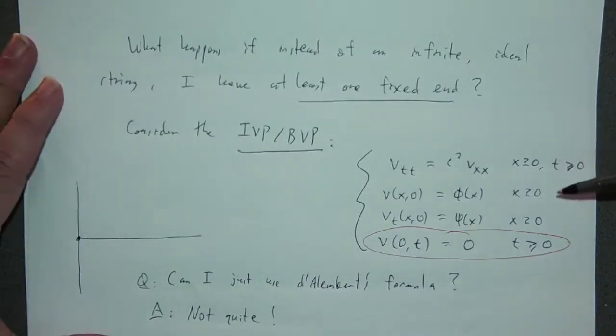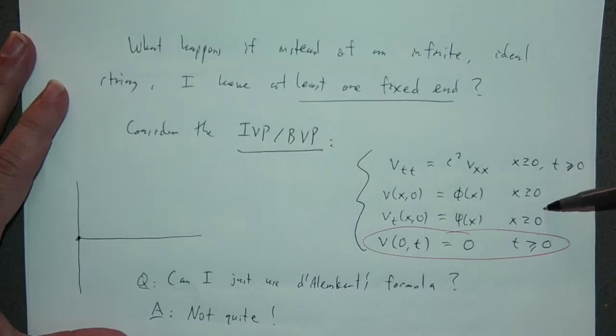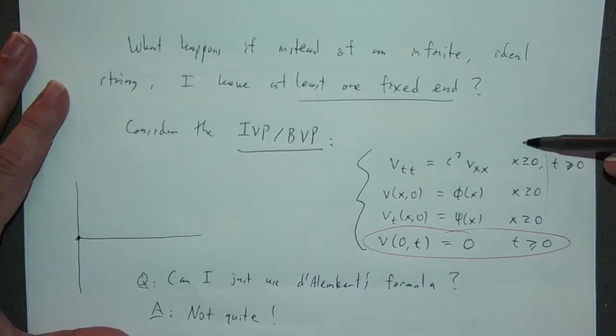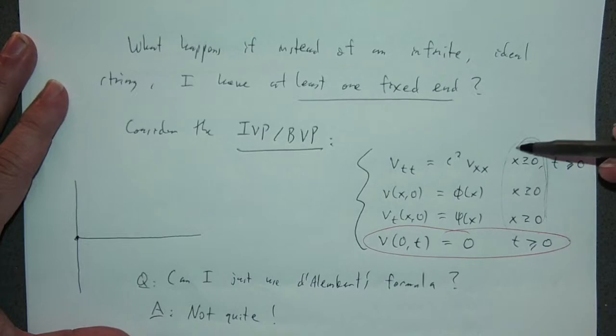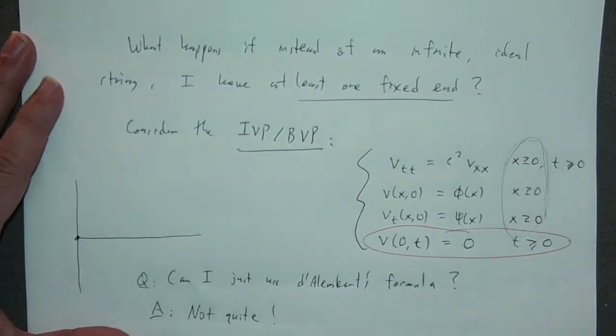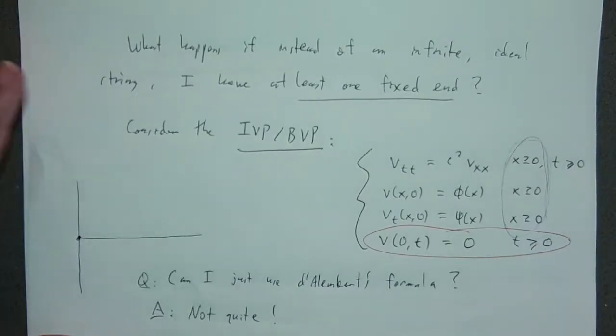One, there's this fact that now the region in question is not the entire real line, but only half of the real line. Why does that matter?